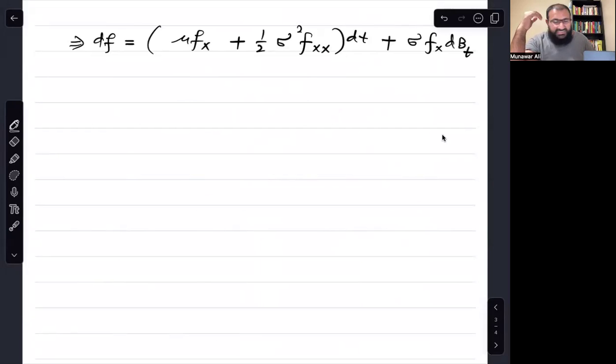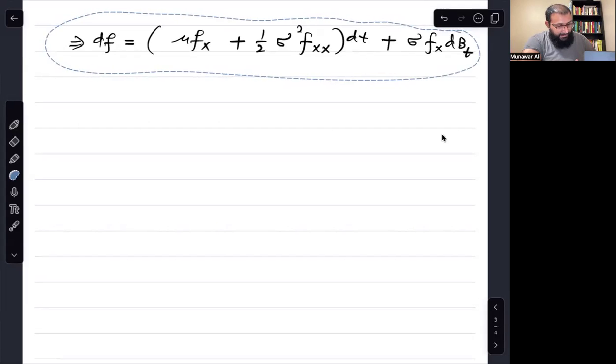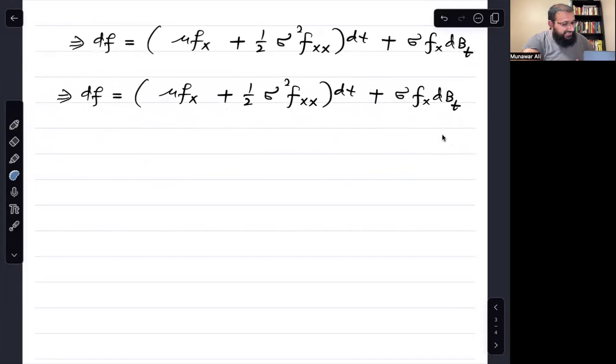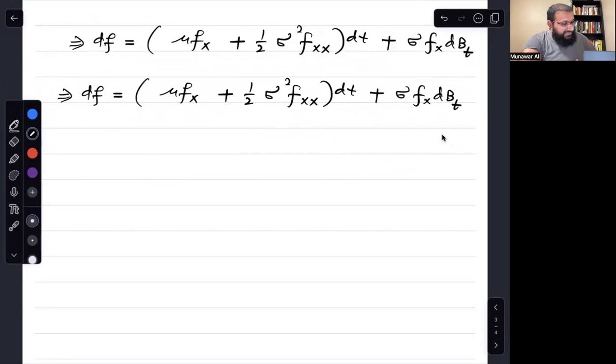So what should I do now? I will take the expectation on both sides, and expectation is too simple. I'm just taking this whole thing, copying it, pasting it here, and applying the expectation.